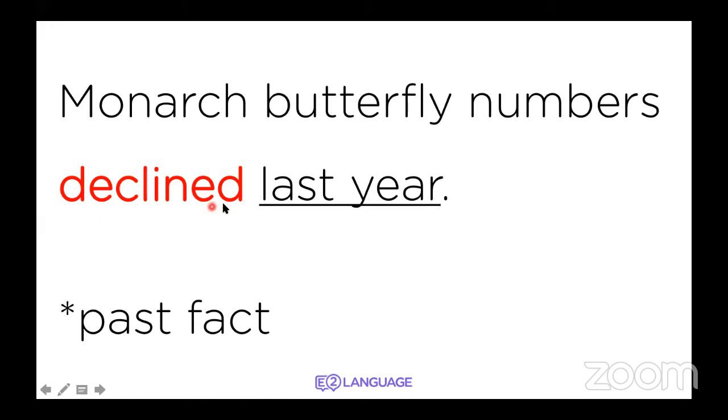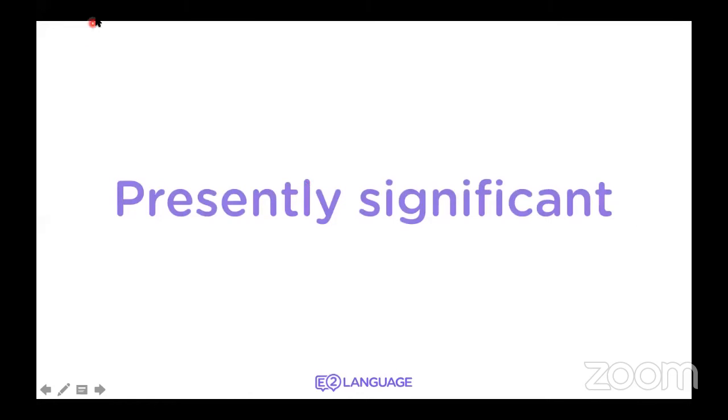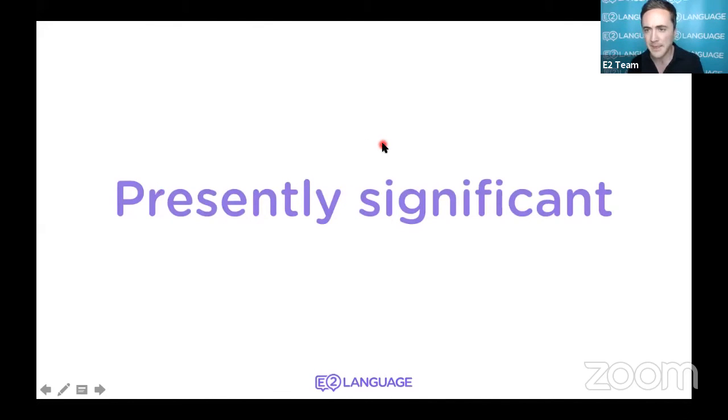It's not have declined or has been declining. It's just declined, so it's referring to a fact. And here's the time reference, last year. So they declined last year. It's still in this past section here. Cool. All right, fine. That was pretty easy, the past simple.